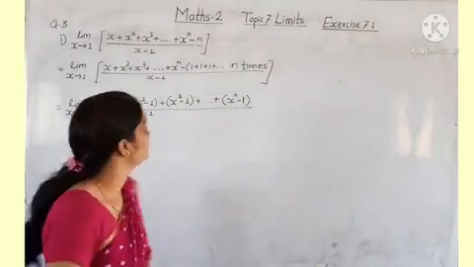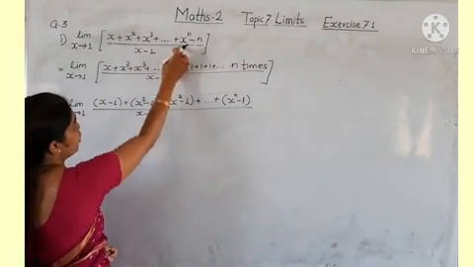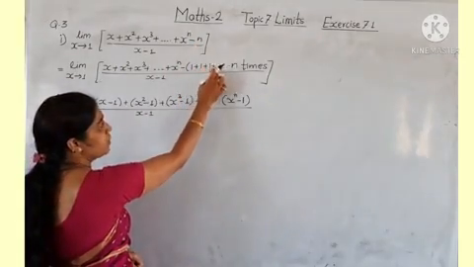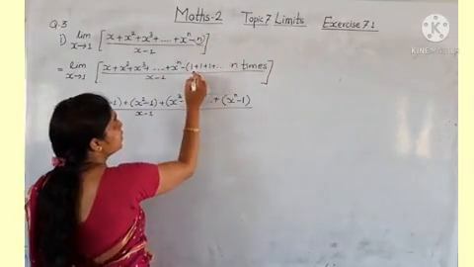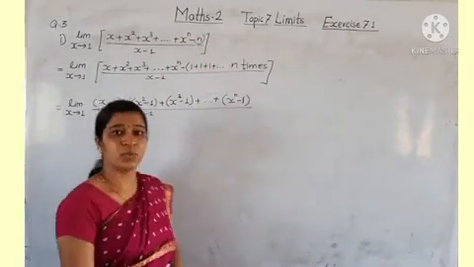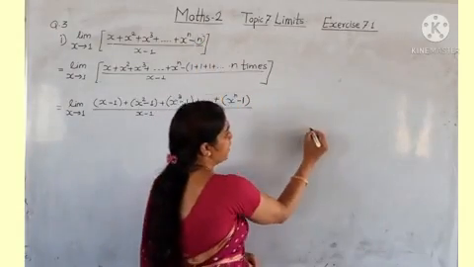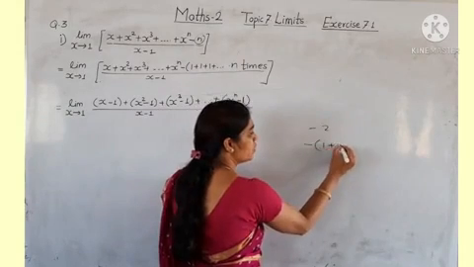So let's start. First write this as x, x square, x cube, plus dot dot, x raised to n. We can write n as 1 plus 1 plus 1 plus 1, n times. Suppose here there is minus 2, then we write it as minus 1 plus 1.